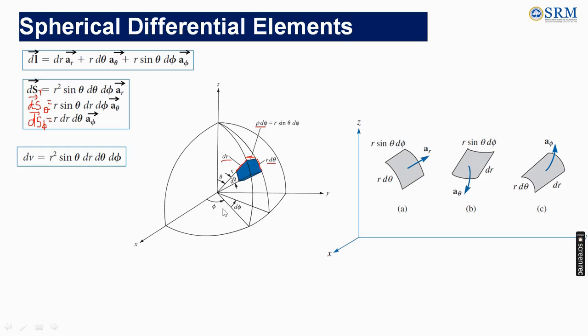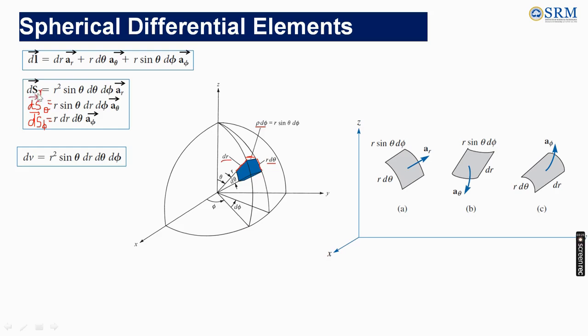Phi is extended to d phi, but the arc length varies with respect to rho, so rho d phi, that is r sin theta d phi. It varies with r sin of the polar angle and d phi. The same is represented here: dl vector is dr a_r cap plus r d theta a theta cap plus r sin theta d phi a phi cap.